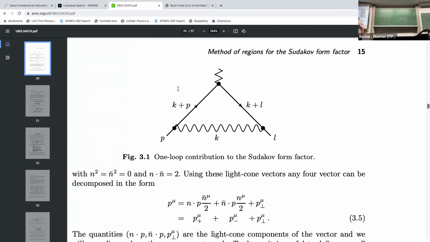And now we look at the situation that is in the scattering. One particle very energetic from the left, the other one very energetic from the right. Introduce reference vectors. We split things into components exactly as you did. And then we'll expand the integrand, assuming different scalings for the loop momentum, K.